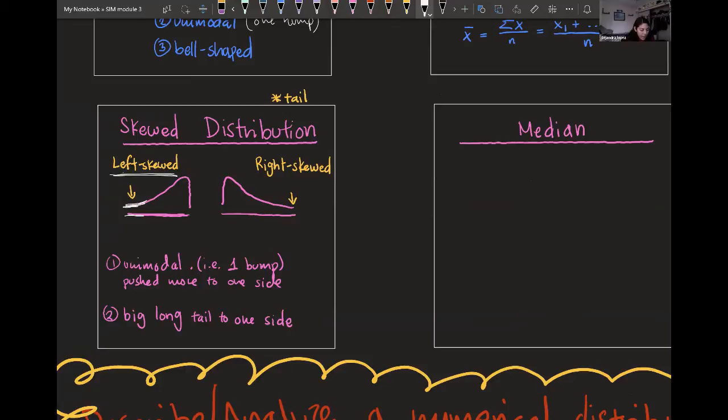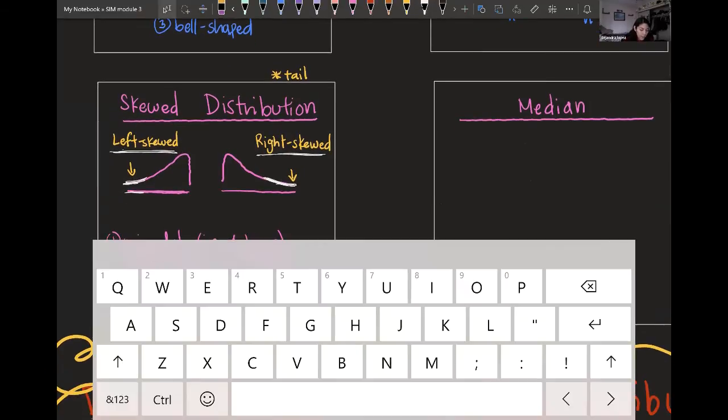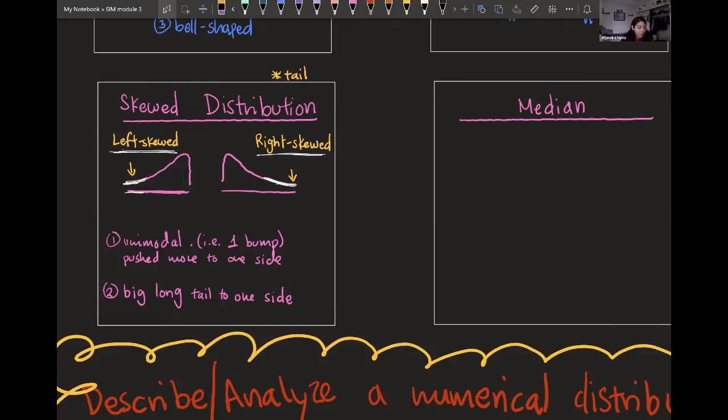The one on the right has a tail on the right side, so this is called a right skew distribution. For these, there are two things that characterize them. It's unimodal, that means one bump, and it's pushed to one side, either the left or the right. And it also has a big long tail to the opposite side of where the bump was.